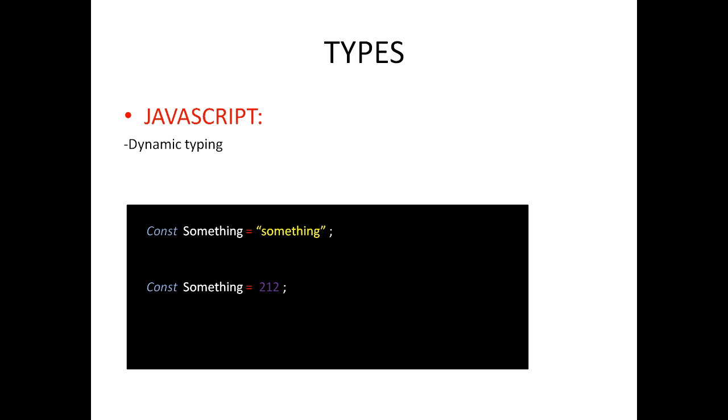Also, we can make a variable again called something and put in it a number or an integer. That's why we call it dynamic typing, so we can put a string in it or an integer without saying what the variable is. But in Java, it's a strict typing and we can't do that.